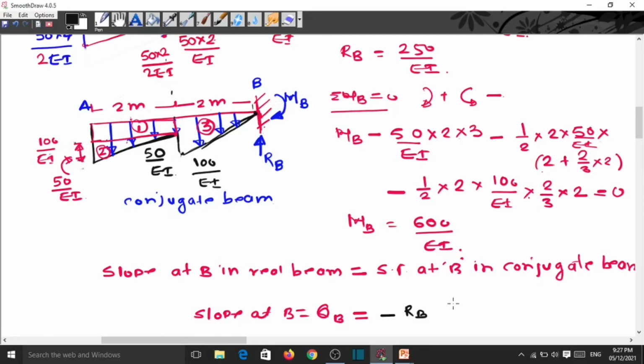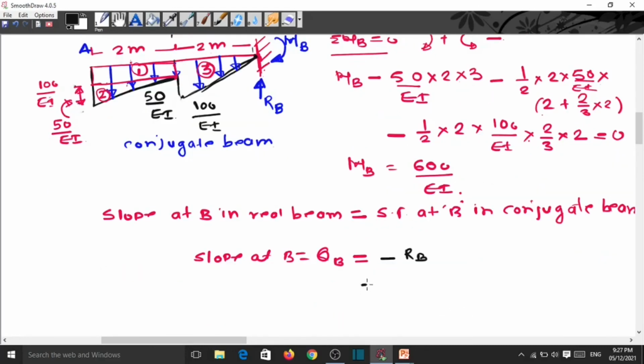So minus RB is equal to 250 divided by EI. So theta B is 250 by EI. This negative sign indicates the slope is clockwise. So it is 250 divided by EI, and this slope is clockwise.